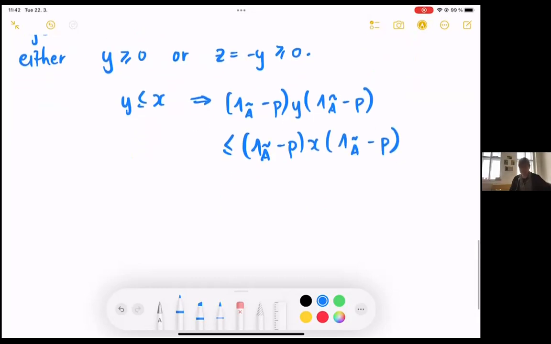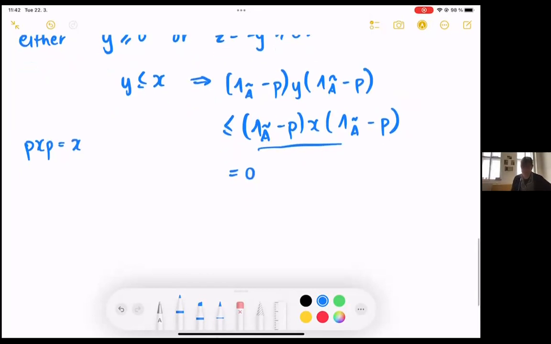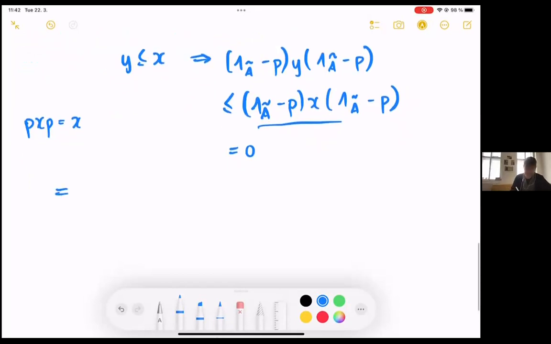And as we noted before, PXP is of course equal to X. So if we multiply this out, we're just going to get 0. And so if either Y or minus Y is positive, then we get that this is 0.